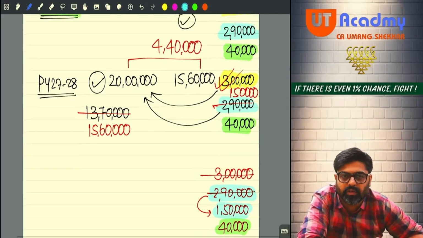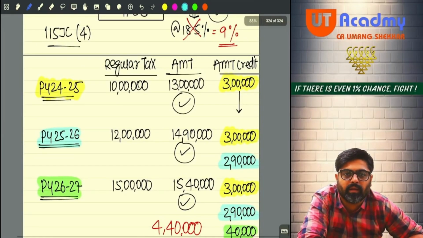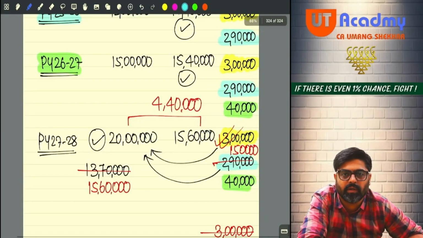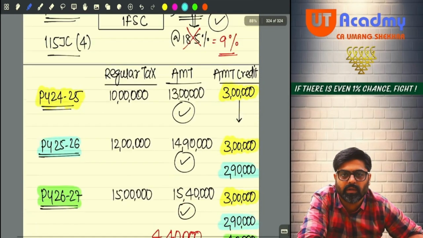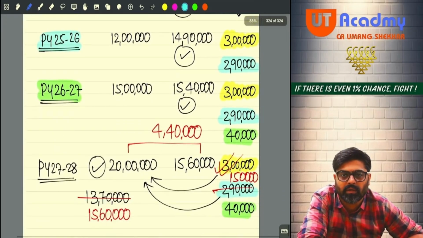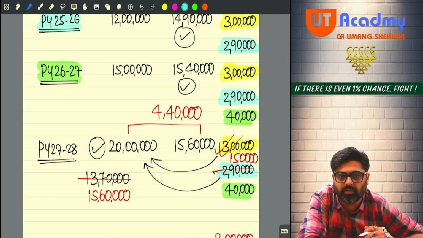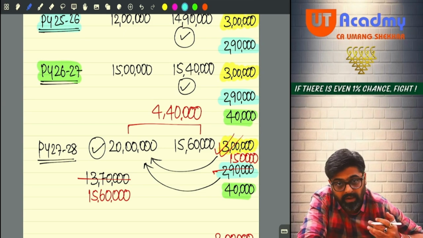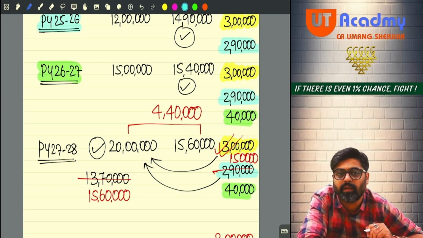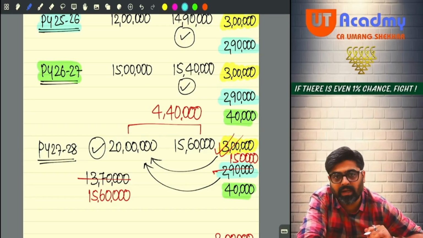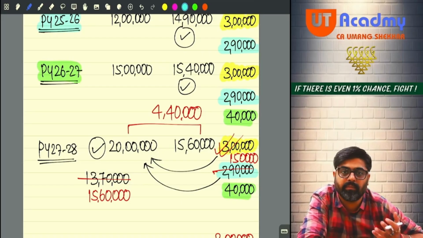Okay. See, 3 lakh was my first year credit, carried forward to the third year. In the third year, I am liable to pay regular tax. So from that tax, I adjusted the entire 3 lakhs. 2 lakh 90, I still have 40. But I cannot adjust those 290 and 40 fully, because if I do, my tax liability will come below the AMT of this year.